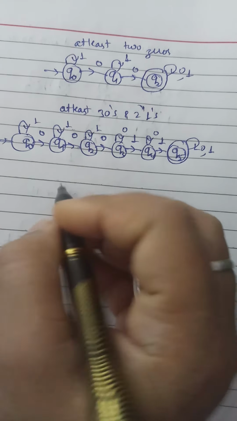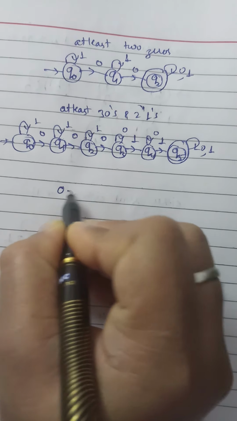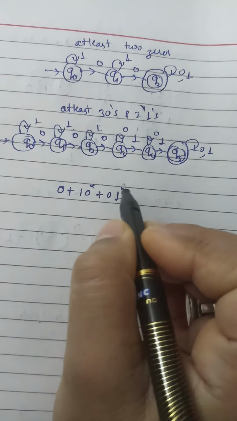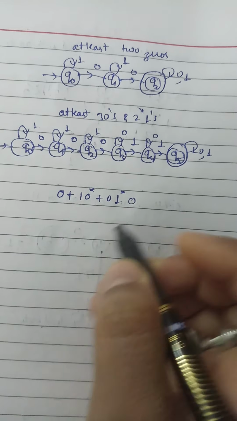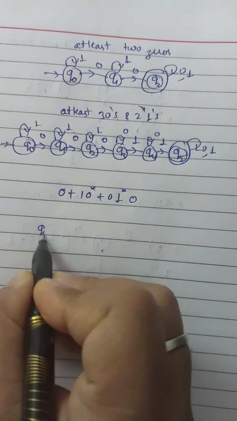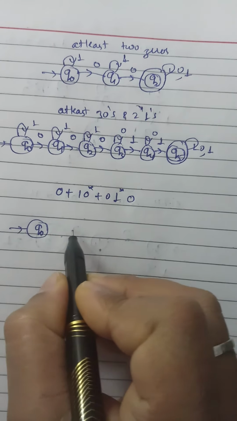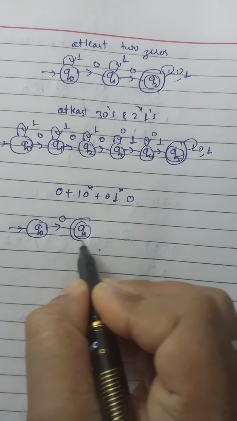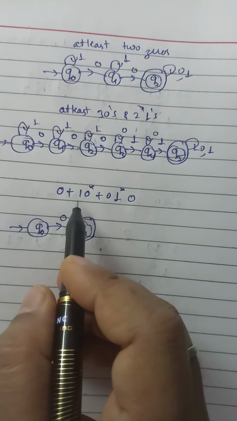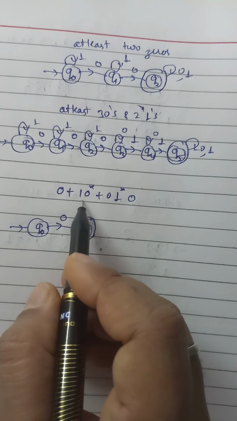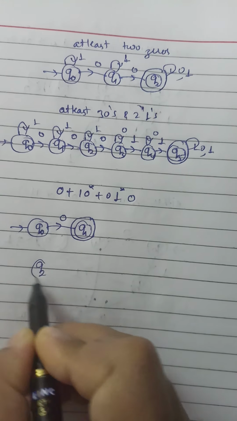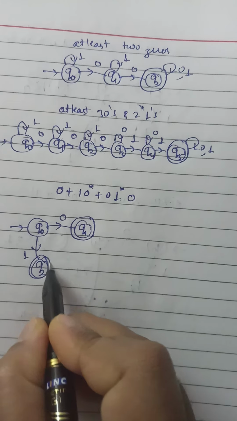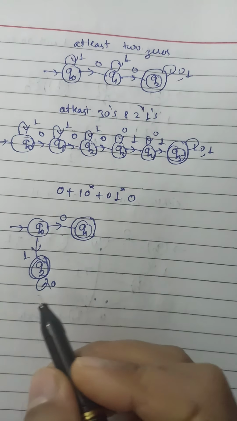So in the same way, the DFA for 0 plus 1 0 star plus 0 1 star 0. How will we make it? Start with initial state Q naught, make a transition Q naught to Q1 on 0, and we will make Q1 a final state. One transition for 1 0 star, so we will make a transition to Q2 on 1, make Q2 a final state, and make a loop of zeros.